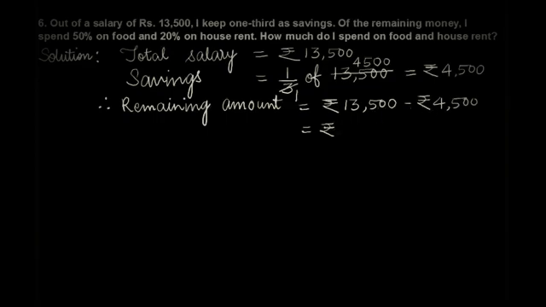So you will get 0, 0, 0. 13 minus 4 is 9. So rupees 9,000 is the left amount of money or the remaining amount of money.